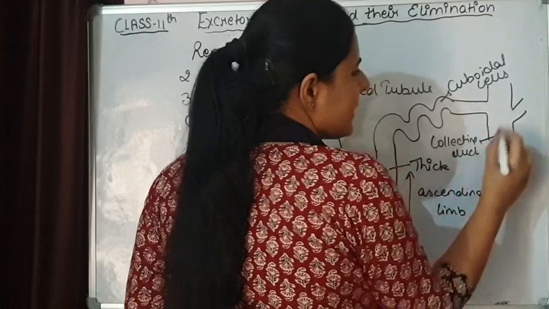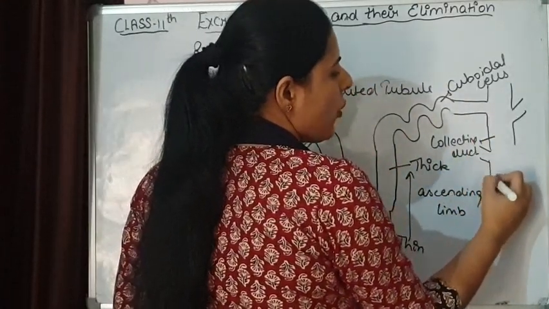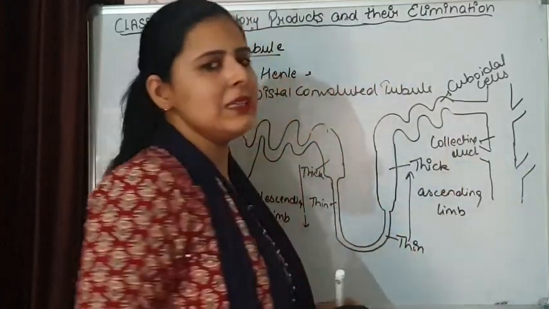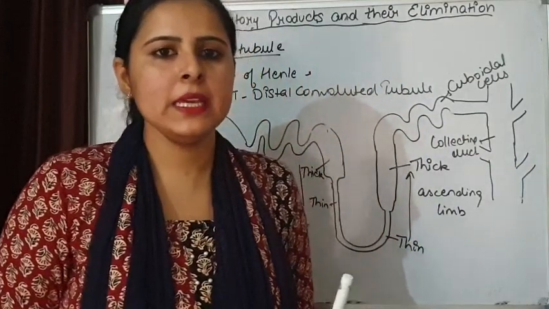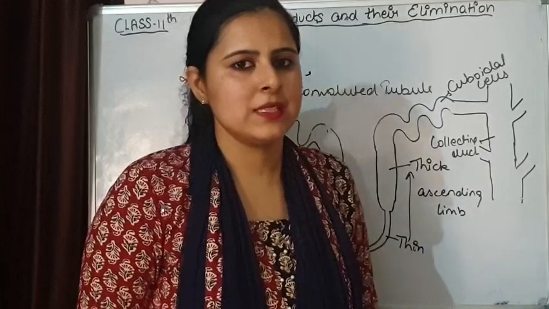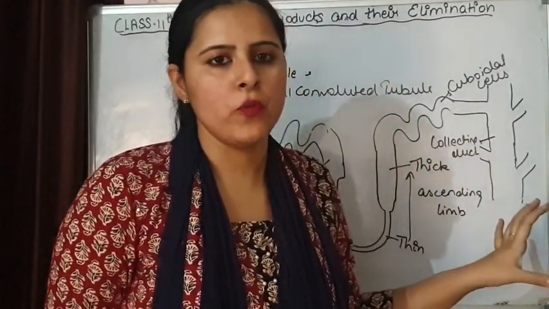This collecting duct is attached with various DCTs of different nephrons, and finally these collecting ducts get wider by combining and ending into a larger space. This is how the nephron is made up.